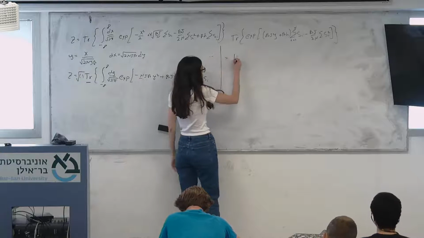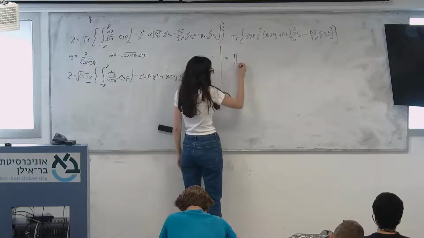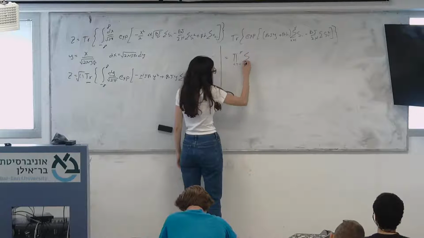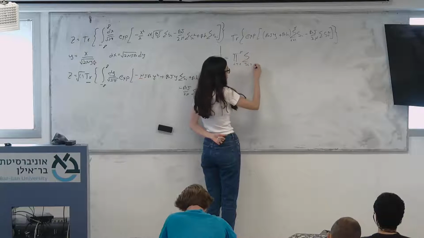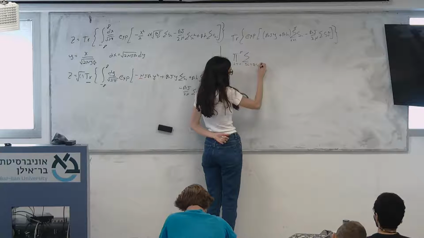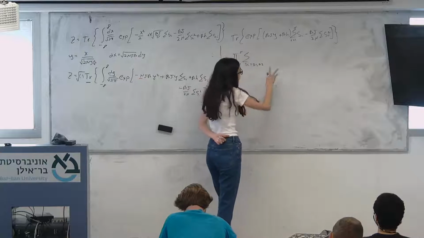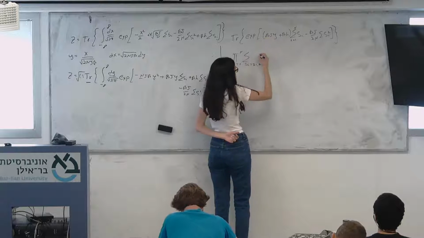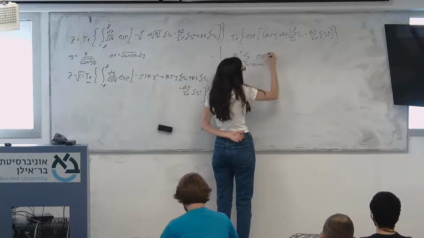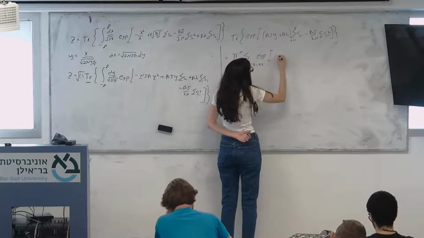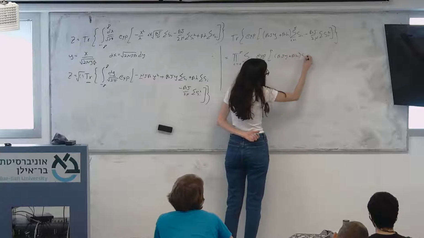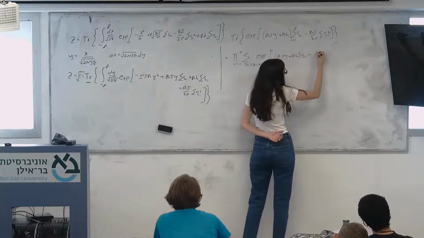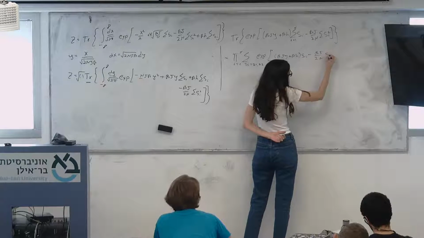So this is equal to the product over i from 1 to n of the sum over Si equal to either plus minus 1 or plus minus 2 of basically everything that we want here: beta jy, beta h, Si minus beta j over 2n Si squared.